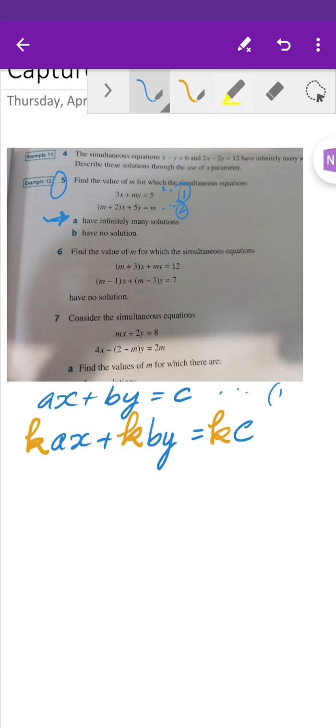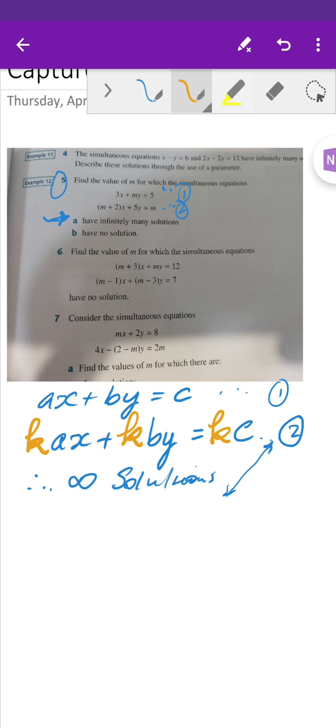So if equation 1 was a multiple of equation 2, or if equation 2 was a multiple of equation 1, then they would have an infinite number of solutions because, in fact, they are the same line. When you have two identical lines, you have an infinite number of solutions all the way along.